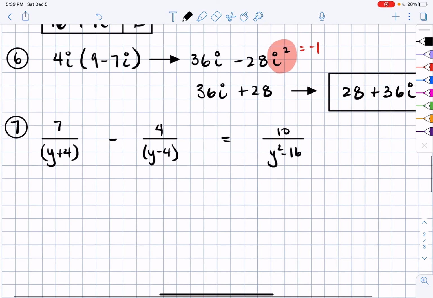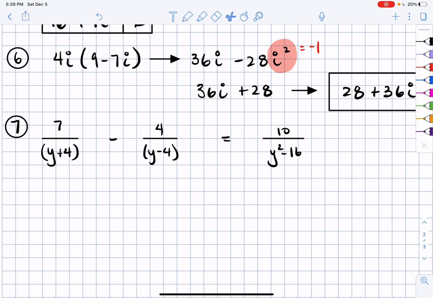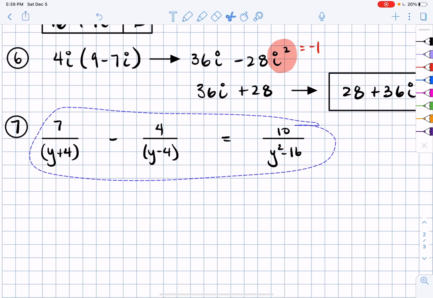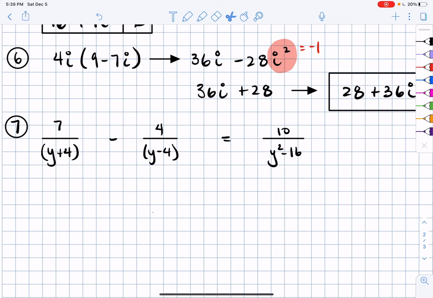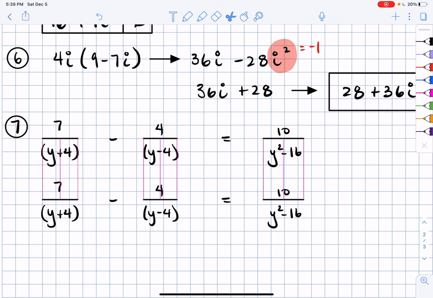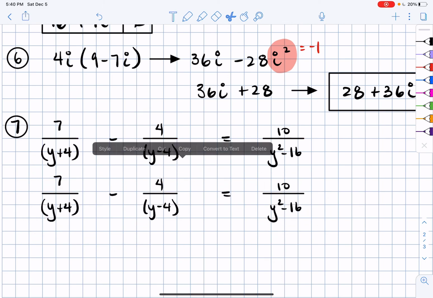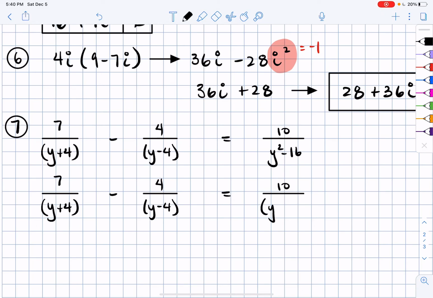Okay, so the first thing I should do is factor all the denominators. In other words, y squared minus 16 is now going to be y minus 4 times y plus 4.